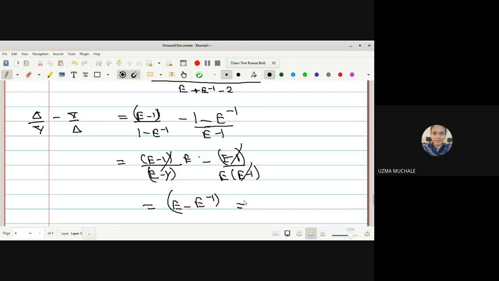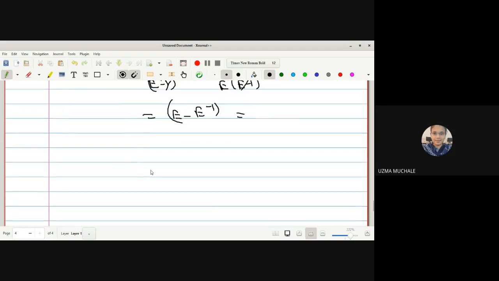Right? So this is e minus e raised to minus 1. Now simply you have to check whether 2 times mu into delta is the same. 2 into mu into delta. What is mu? 1 upon 2 into e raised to half plus e raised to minus half, into e raised to half minus e raised to minus half.